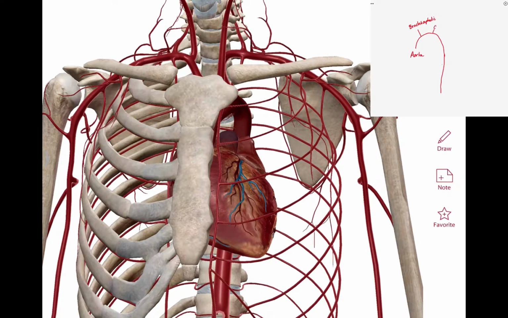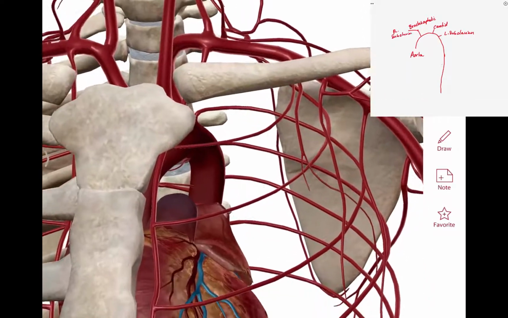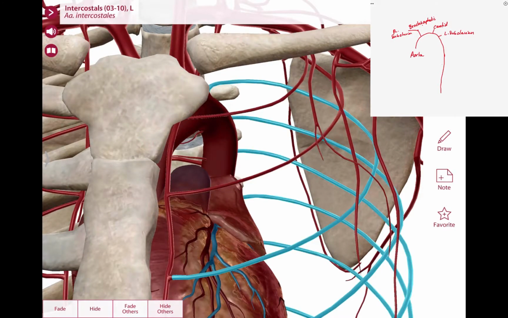Now these arteries are sort of on the outside where you'd expect them to be. They're near those muscles because that's what they serve. So the first set of these that I want to talk about are these guys here. These are called the intercostal arteries.